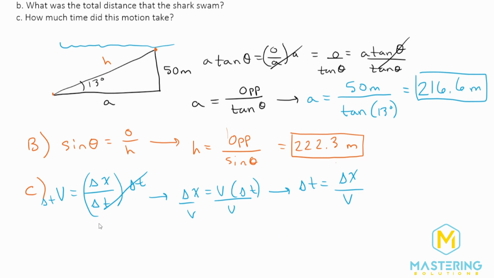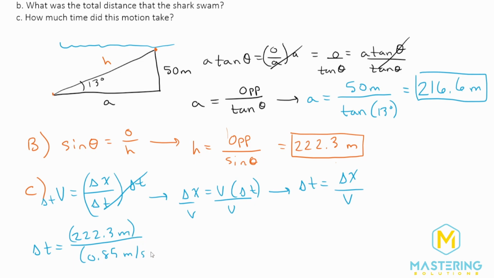And let's come down here and write this. So delta t is equal to 222.3 meters for the total distance divided by the velocity. And the question said that that was 0.85 meters per second. We have meters per second divided. So we are dividing by a fraction. So if we multiply by the reciprocal, now the meters will be opposite.